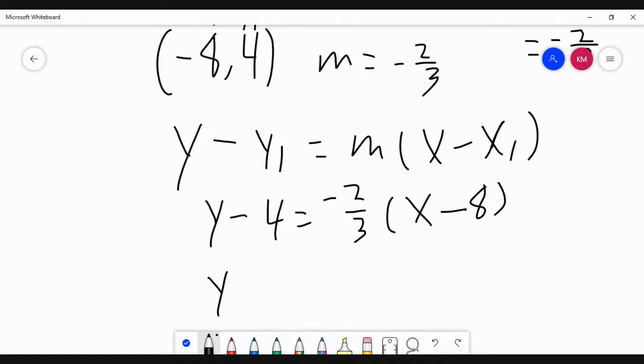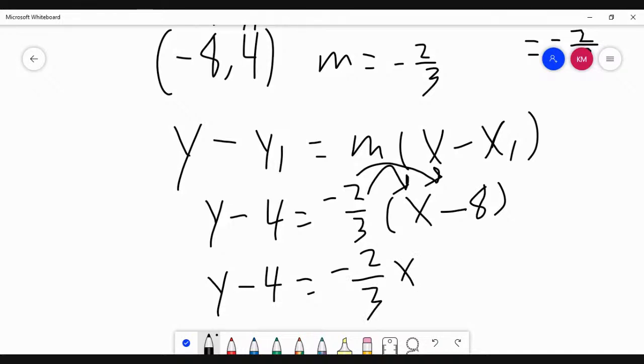So we have y minus 4 equals, distribute, negative 2/3 times x, that's negative 2/3x.